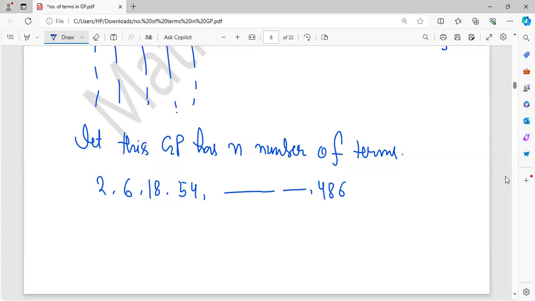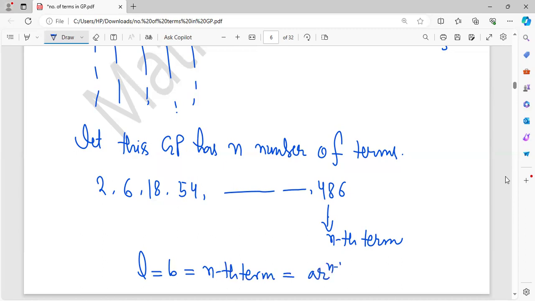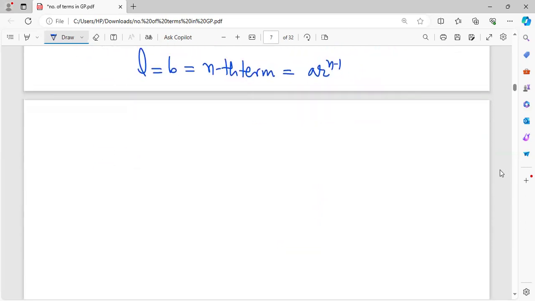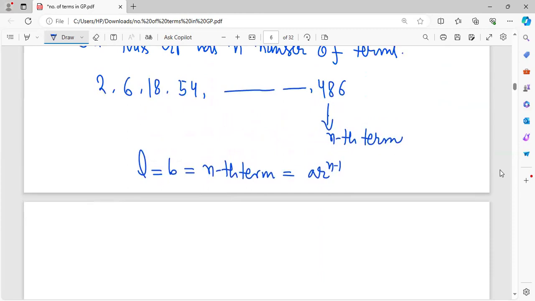If it has a finite number, n number of terms, what will be the nth term? So the last term is B, that is the nth term, that is A R to the power n minus 1. So what is the last term? 486.